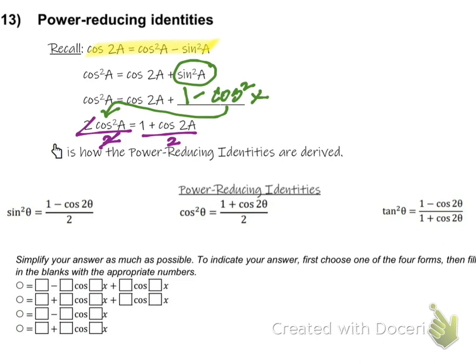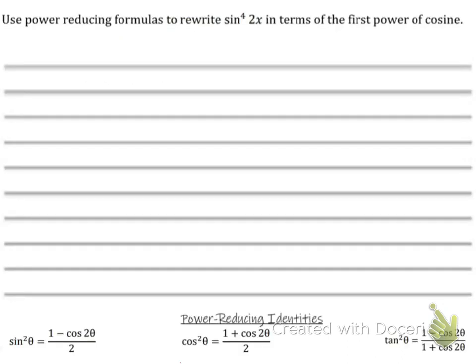So the trick to these is there's fractions, and I know how everyone feels about fractions, okay? So our trick is going to be to kind of get rid of those fractions. So this says, use power-reducing formulas to rewrite sine to the fourth of 2x in terms of the first power of cosine.